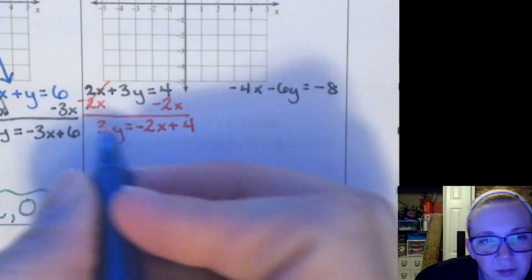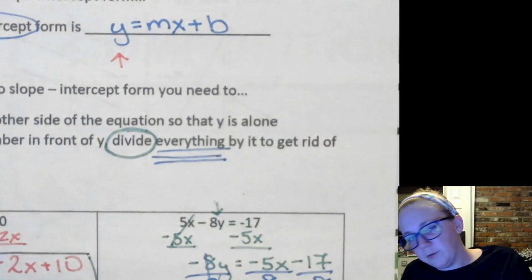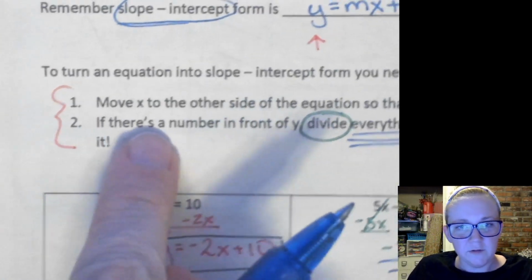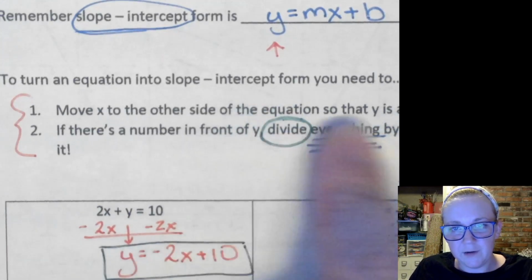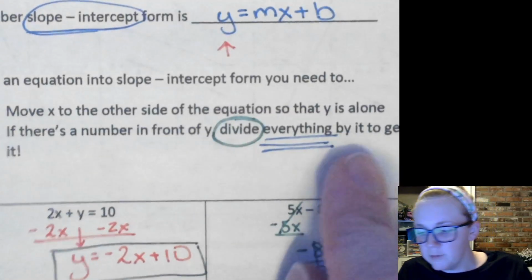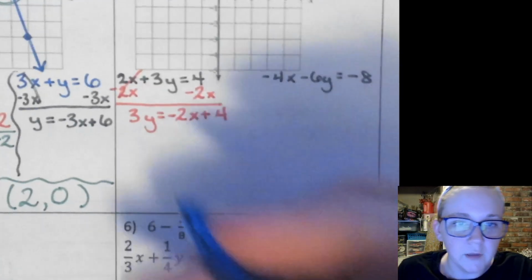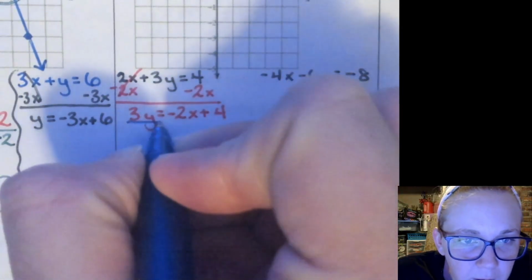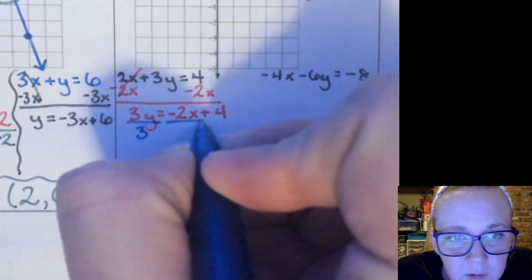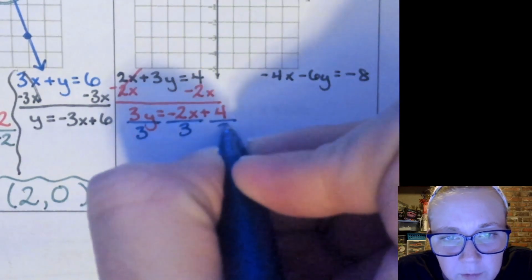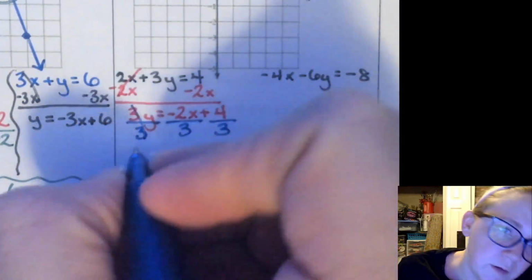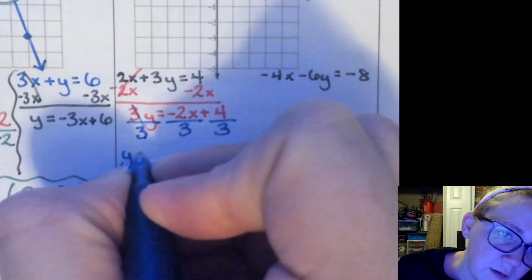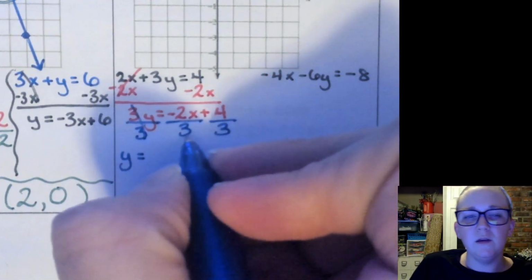Now we have that 3 in front of that y. Remember, if there's a number in front of y, divide everything by it. So we're going to divide all the things by 3, this by 3, this by 3, to get y equals. Does 3 go into negative 2?